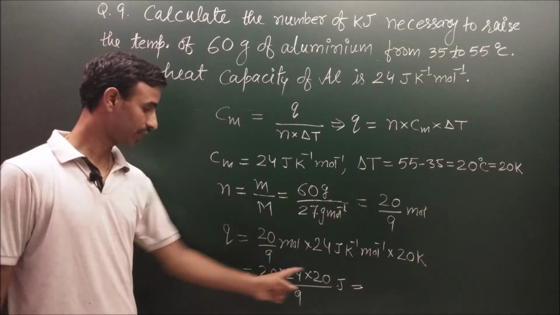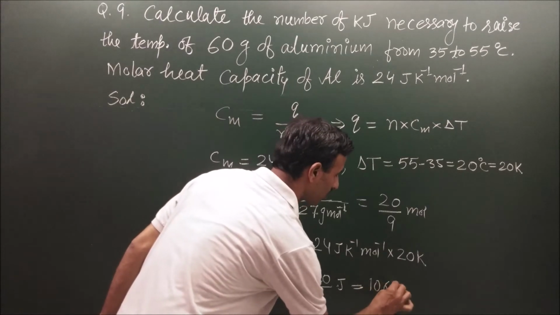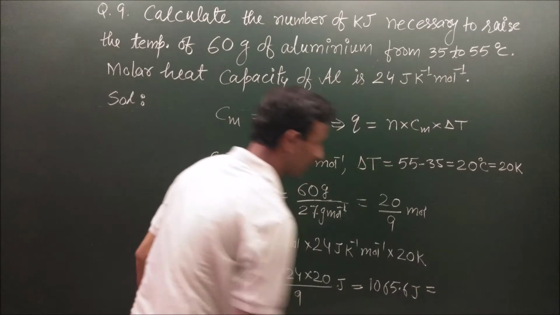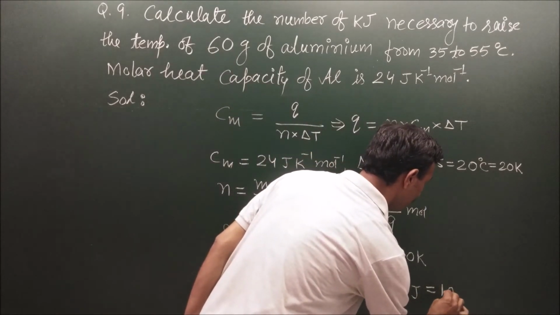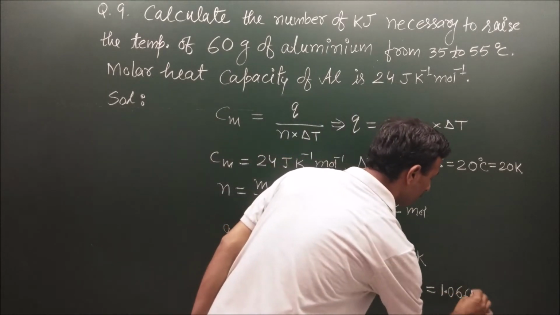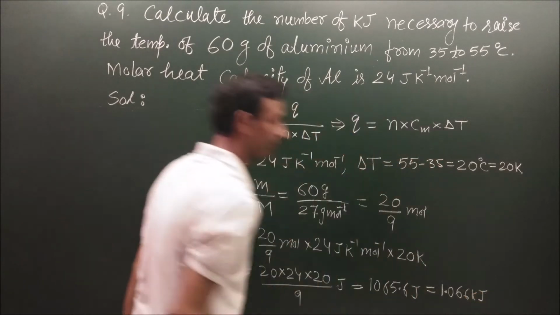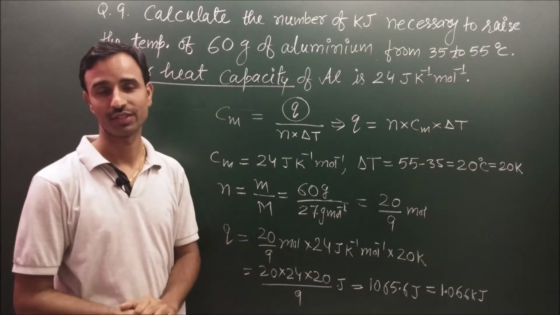By solving this equation, it comes out to be 1065.6 joule, or in kilojoule it comes out to be 1.0656 kilojoule. So in this way we can solve it.